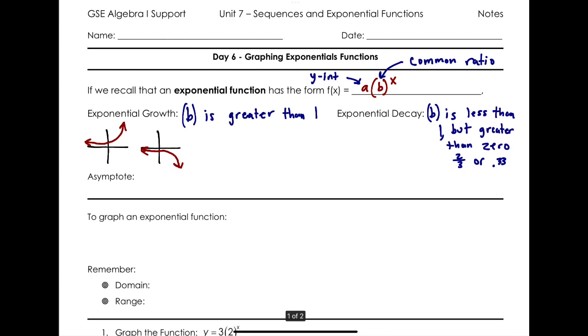So if you look at the first graph, as we move from left to right, it's moving away from the x-axis. If it's moving away from the x-axis, that is exponential growth, okay? Because you can have negative growth.